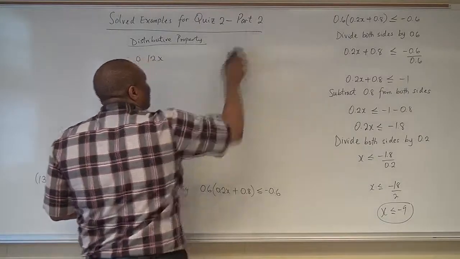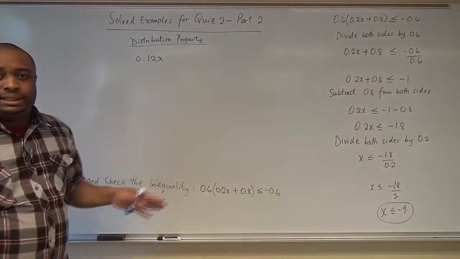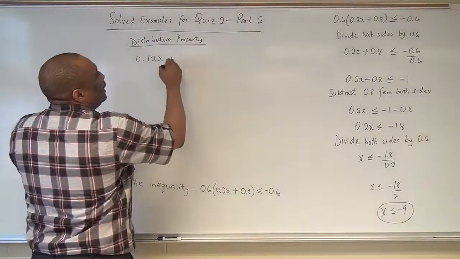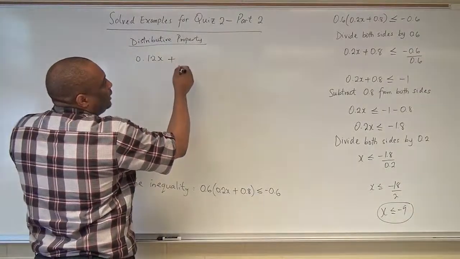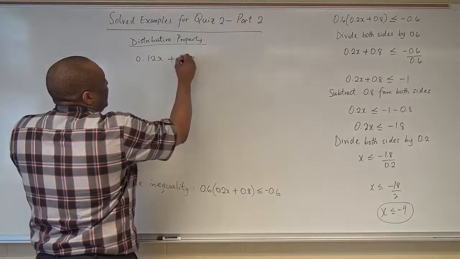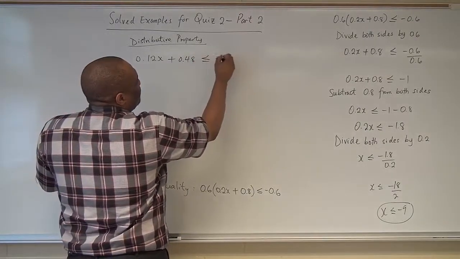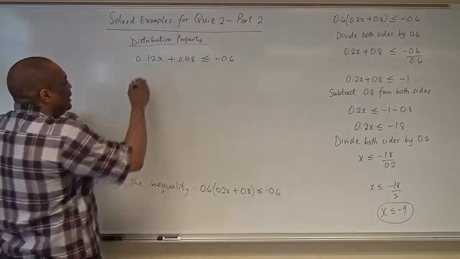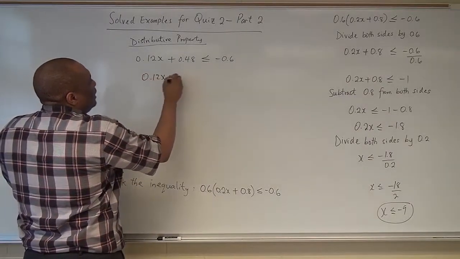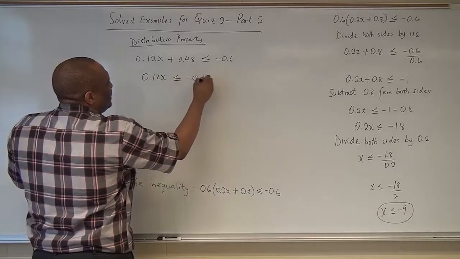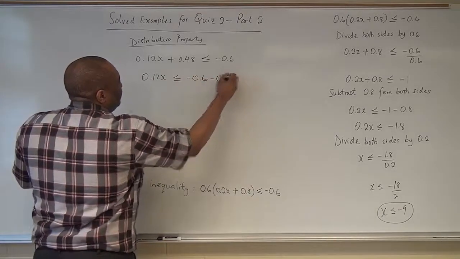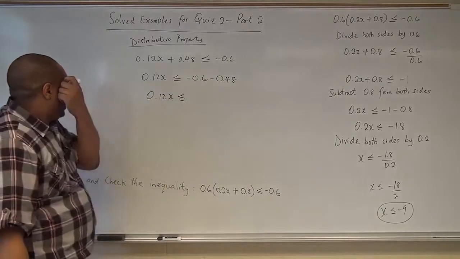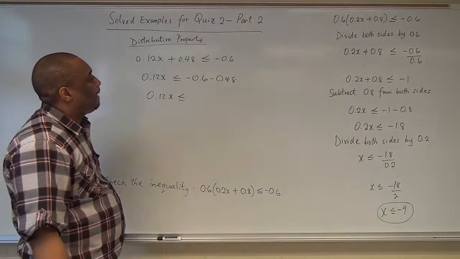We can also change this to integers and solve. Now, plus 6 times 8 is 48, 0.48. It's less than or equal to -0.6. And then you subtract 0.48 from both sides: 0.12x less than or equal to -0.6 minus 0.48. What would this be now?